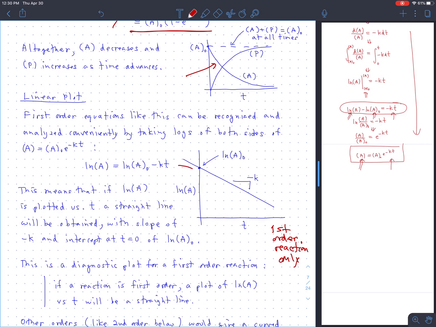If it curves a little bit, then it's not exponential behavior, it's not a first-order reaction. Only if it's dead straight is it a first-order reaction.